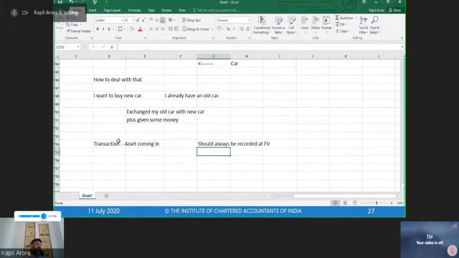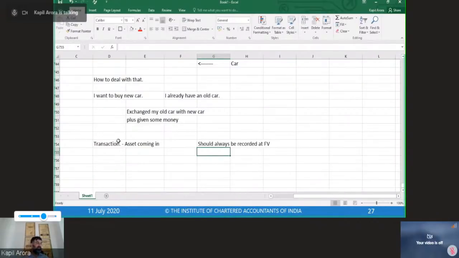Means what would be the market value of that asset? That asset's market value should be considered here.